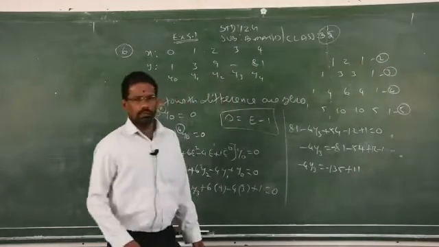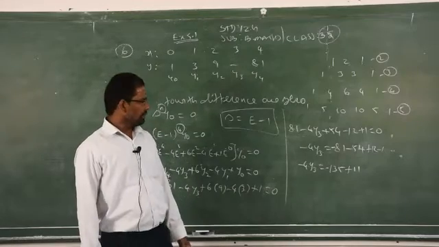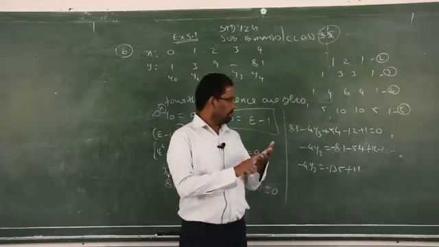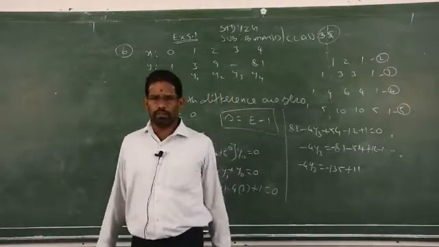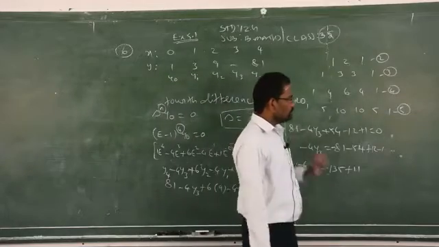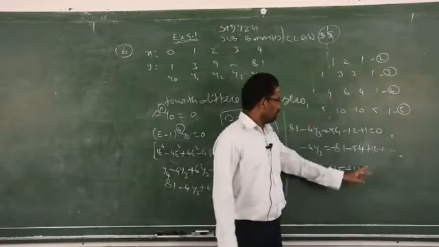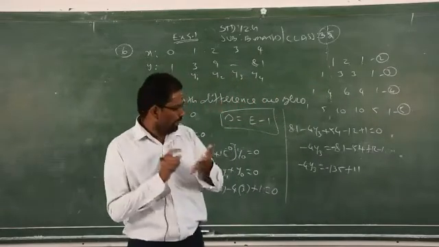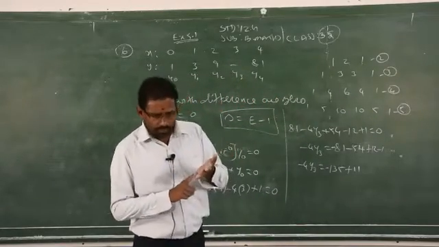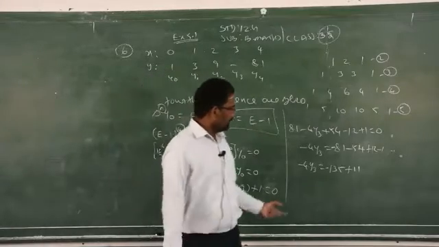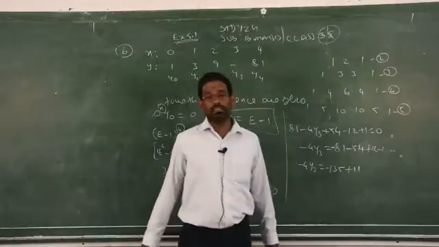Boys, when you use the calculator, I notice some of the boys type minus 81 minus 54 plus 12 minus 1. That will lead to some mistakes. So whenever you use the calculator, first start with only a positive number. What is the first number? 12. First press 12 in the calculator, then minus 81, minus 54, minus 1. If you do it this way, then you have the exact answer.